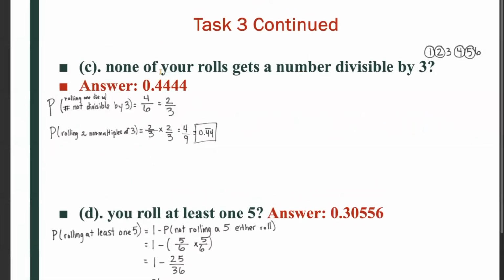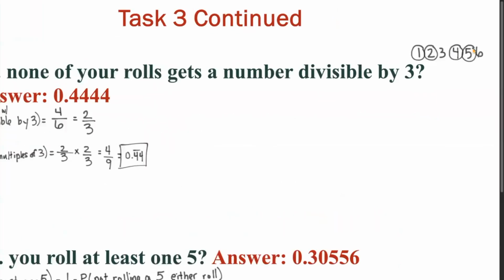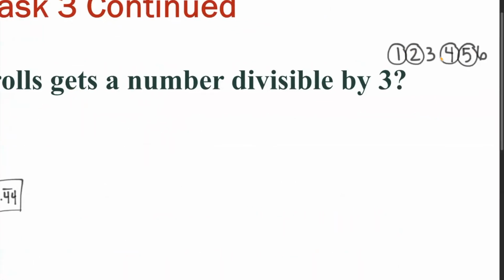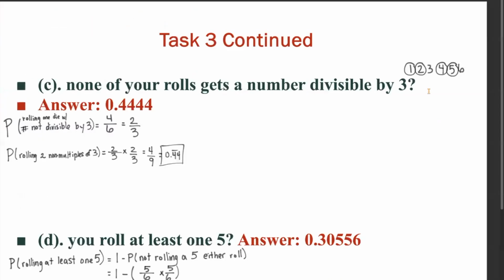All right, what is the probability that none of your rolls get a number divisible by 3? Let's see, the probability of rolling one die with a number not divisible by 3. How many numbers on the die are not divisible by 3? We have 1, 2, 3, 4, 5, 6, but out of these, 1, 2, 4, and 5 are not divisible by 3. 3 is divisible by 3 because 3 divided by 3 is 1, and 6 is divisible by 3 because 6 divided by 3 is 2.